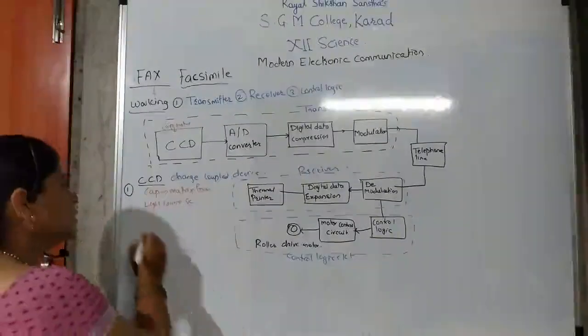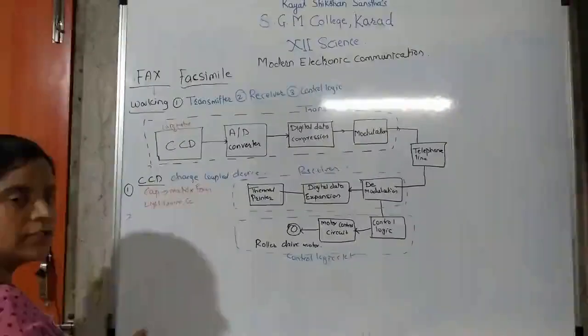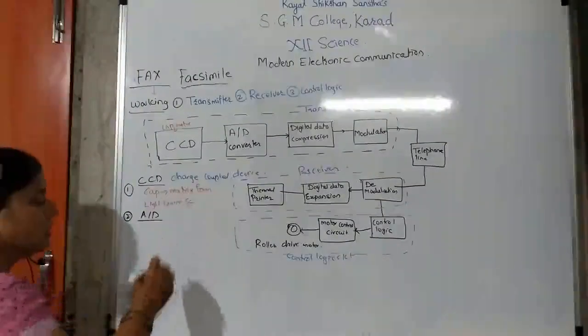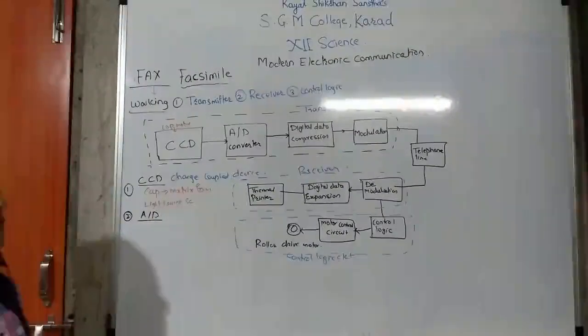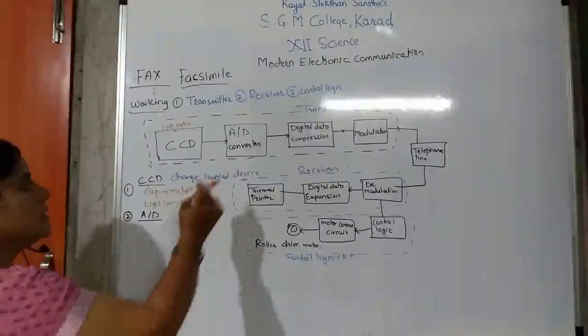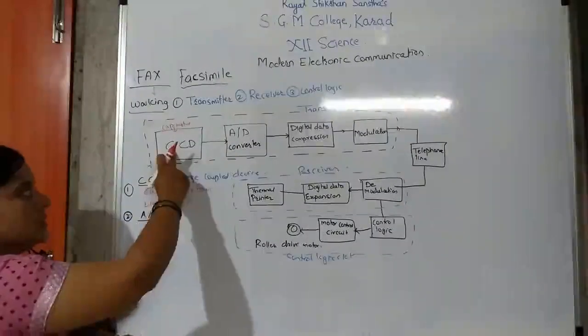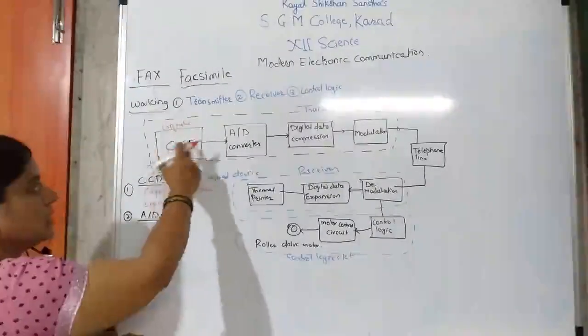What is the A to D converter? The second block, A to D converter, means analog to digital converter. When the signal is sent to the A to D converter, the light signal is converted into an electrical signal.